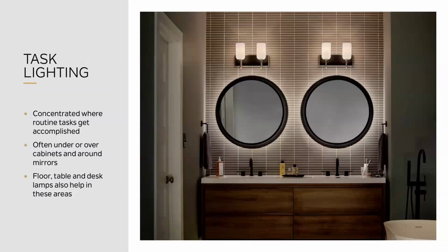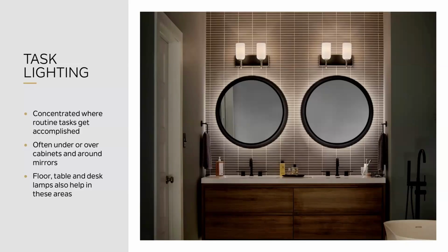The next is task lighting. This is probably one of the most overlooked types of lighting in the home. But this layer of lighting concentrates more on the routine tasks that occur in the home, such as homework, cooking, putting on your makeup, brushing your teeth.